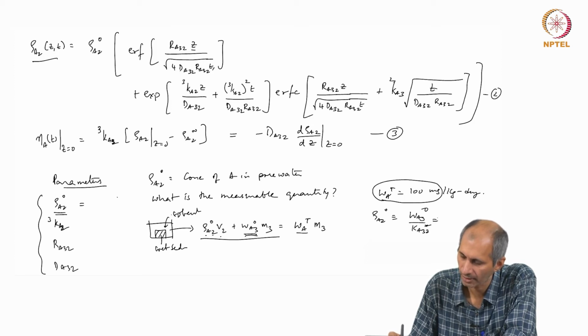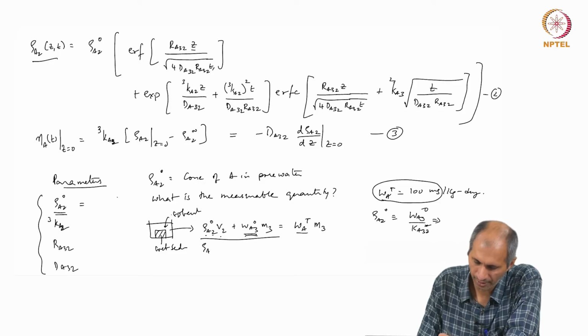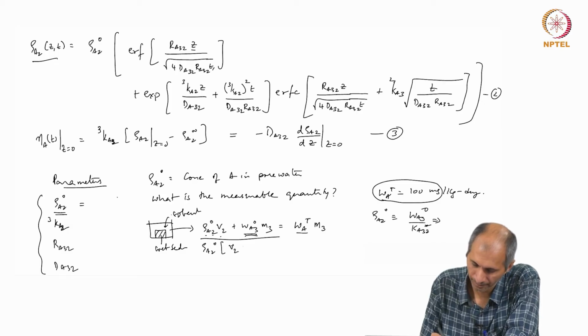Ka32 star. So, I can write this as rho A2 0 into epsilon 2 into V2 plus M3 into Ka32 star.